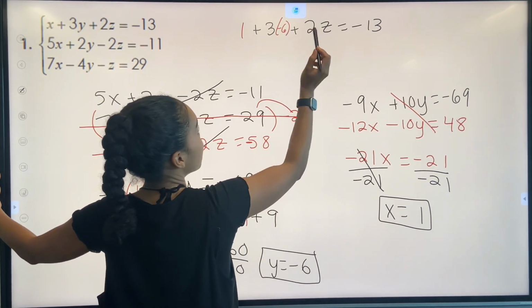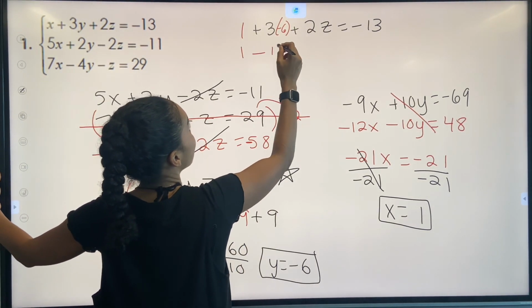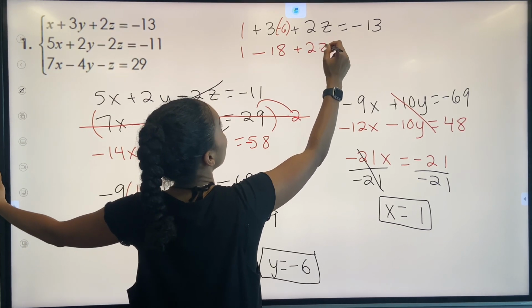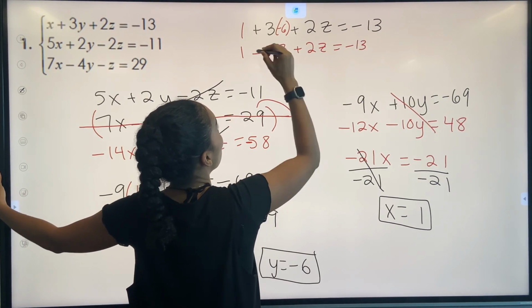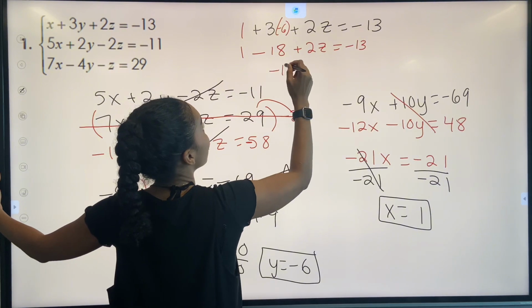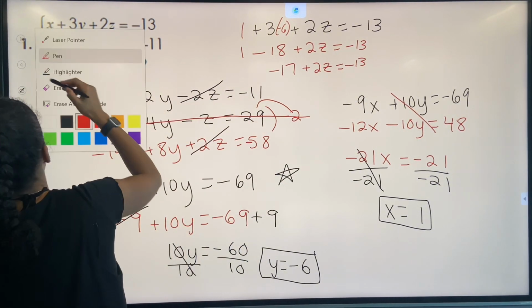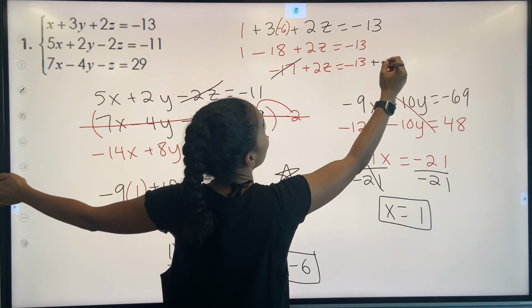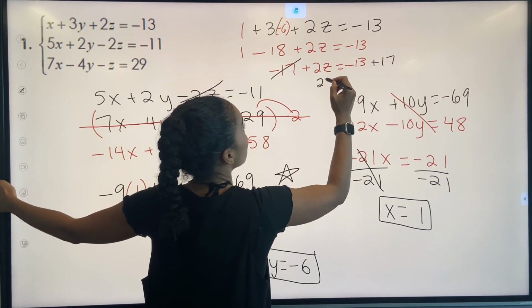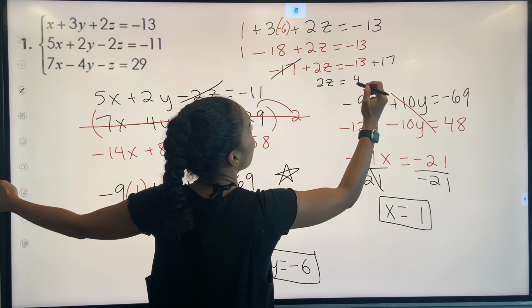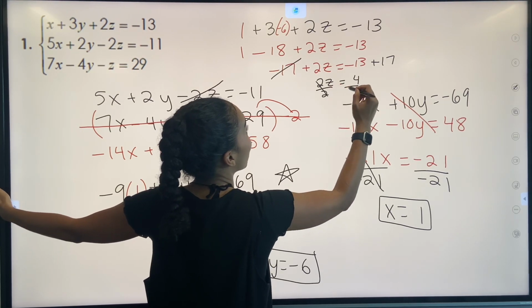Now I can solve for z. So I get 1 minus 18 plus 2z equals negative 13. 1 minus 18, that's negative 17, plus 2z equals negative 13. I can add 17 to both sides. I get 2z is equal to 4. Divide both sides by 2.